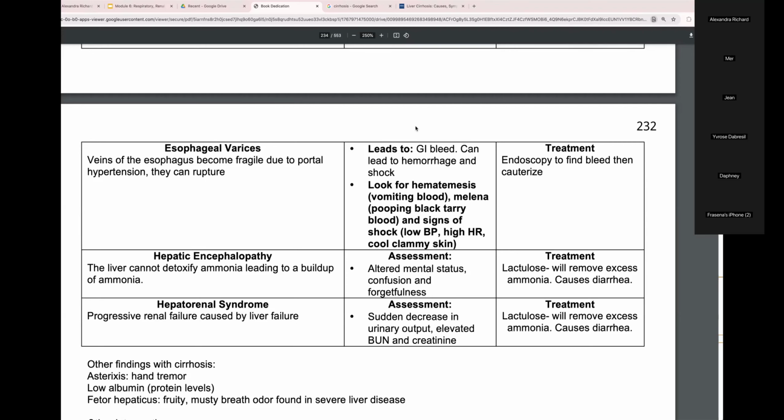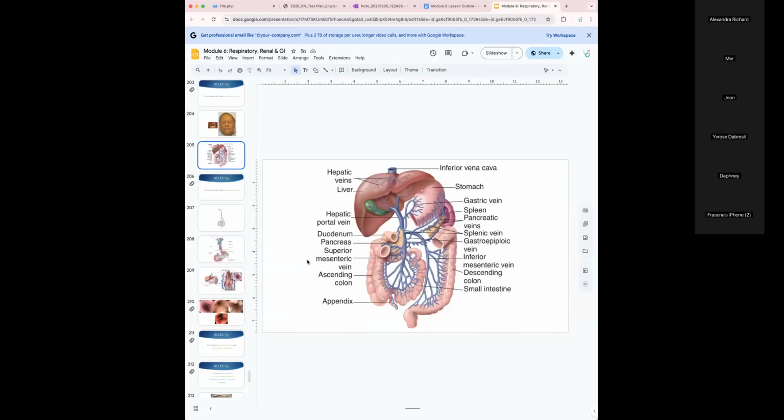So let's look at some pictures. Here is a layout of the hepatic portal vein, and as we can see, it's connected to the veins of the GI tract.